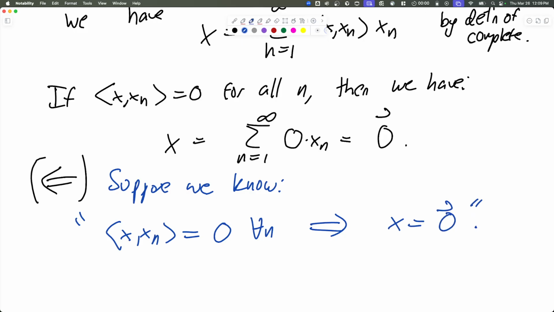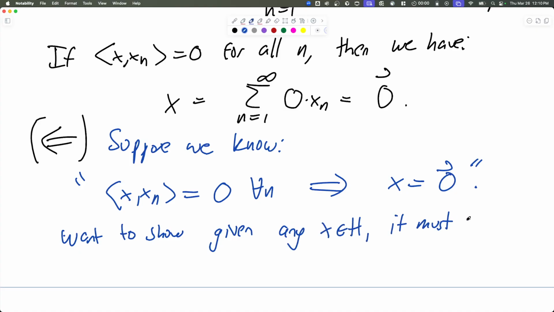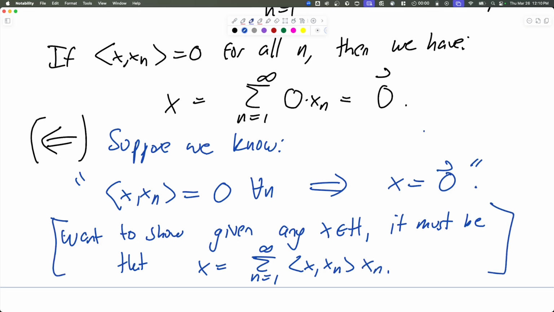If you can check the inner product of a vector and check that it's always 0, then you can conclude that the vector was the 0 vector. So we know that, and we want to show that given any x in H, it must be that x equals the infinite sum of <x, xn> with xn. This is the classic what we have and what we want.